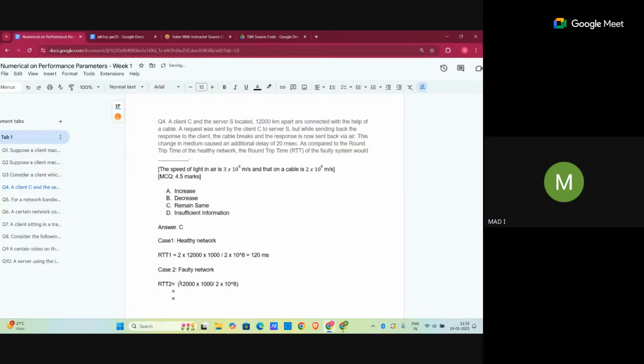After that, the response time will be equal to this 12,000 divide by, 12,000 multiplied by 1,000 divide by 3 into 10 to the power 8, plus there are additional delays.